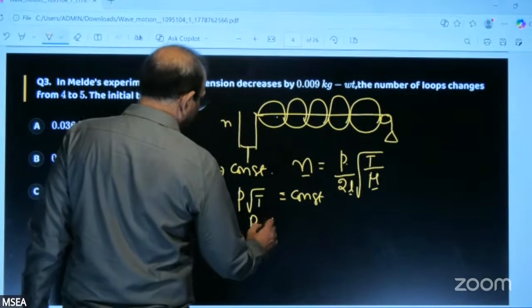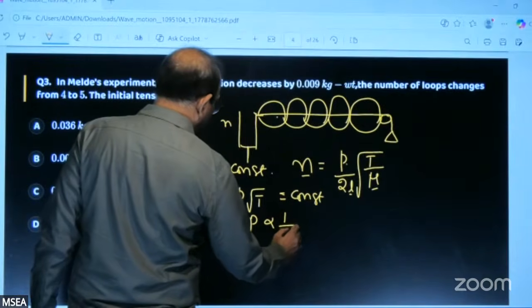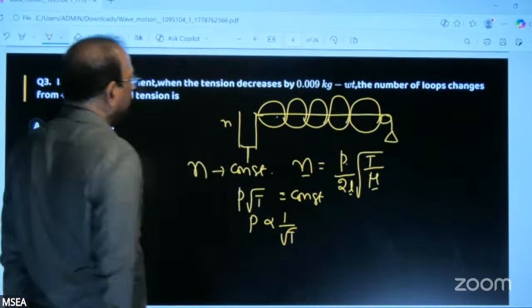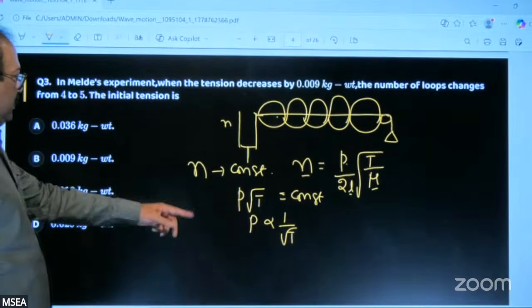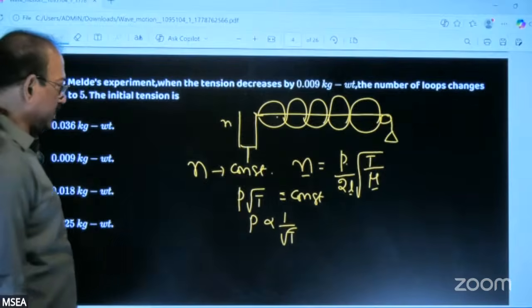That means P is inversely proportional to root T. If you decrease the tension, the number of loops increases.